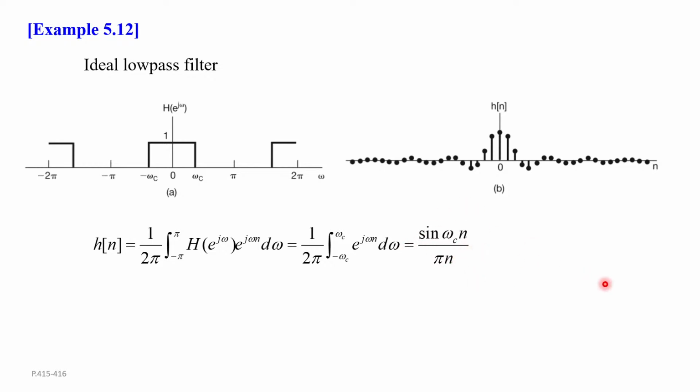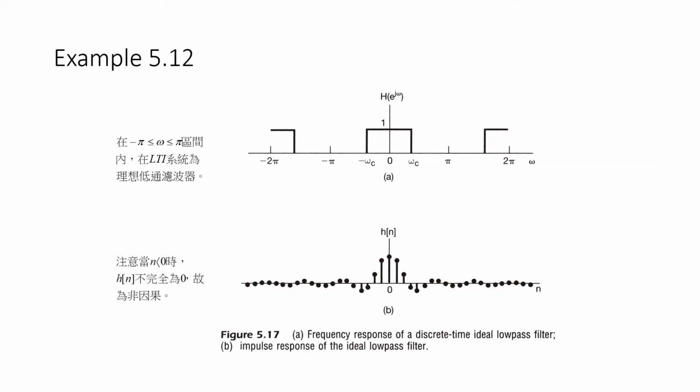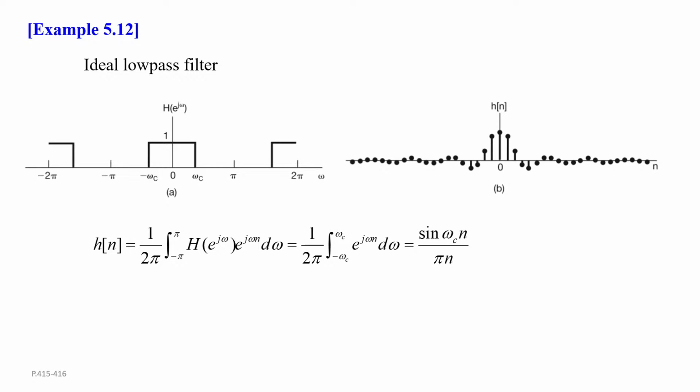Okay? So it's sine of omega c n over pi n. And this is small h. So now we learn how to construct a low-pass filter in terms of its impulse response.